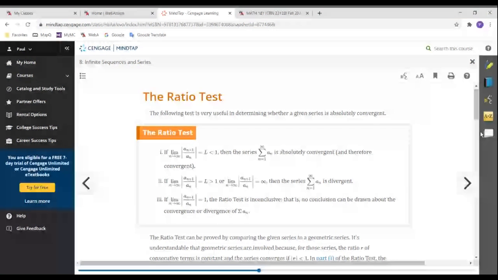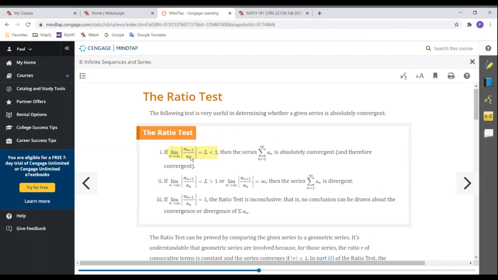says the following. Look at the ratio of terms. Okay, so let's look at the first part of the ratio test. If you were to take the ratio of the n plus first term to the nth term, in other words, take a term in the series and divide it by the previous term in the series, look at the absolute value of that ratio and let n go to infinity.